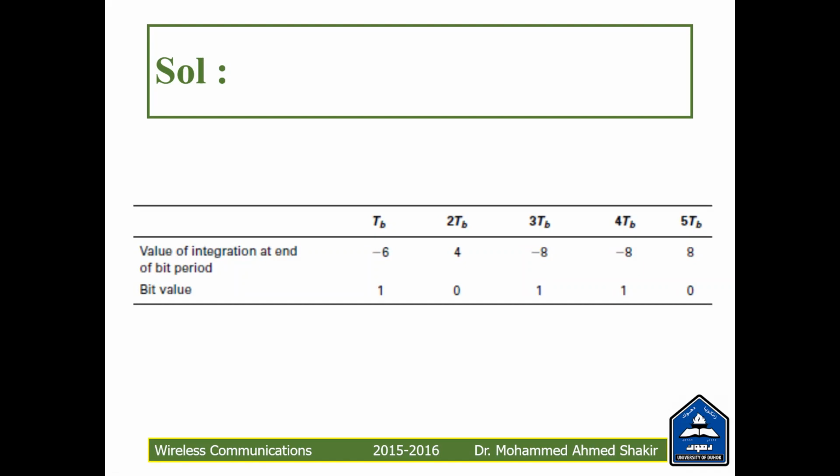Next week, inshallah, we will continue with this lecture. We have in this lecture the use of frequency shift keying in the spread spectrum system, and we need about 20 minutes to explain the architecture of the GSM system and the block diagram of the GSM system. Now the lecture is finished.